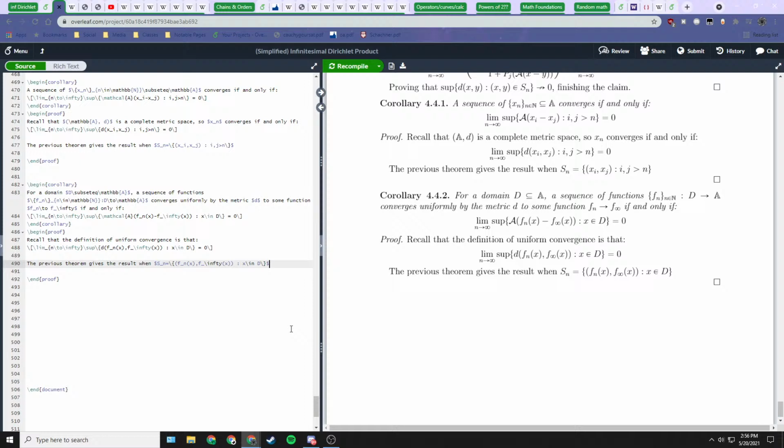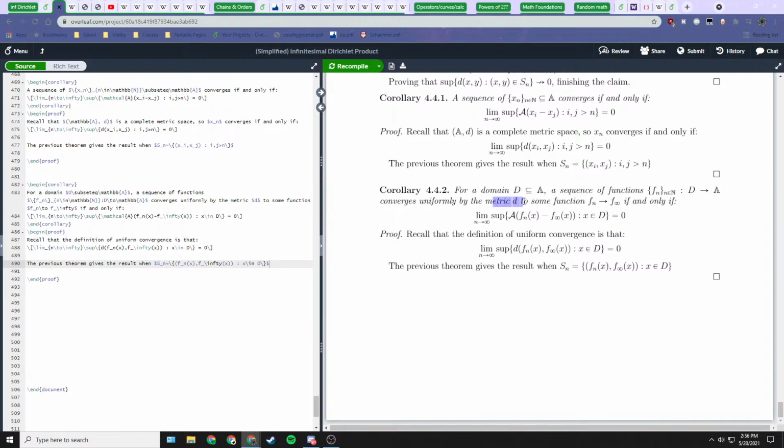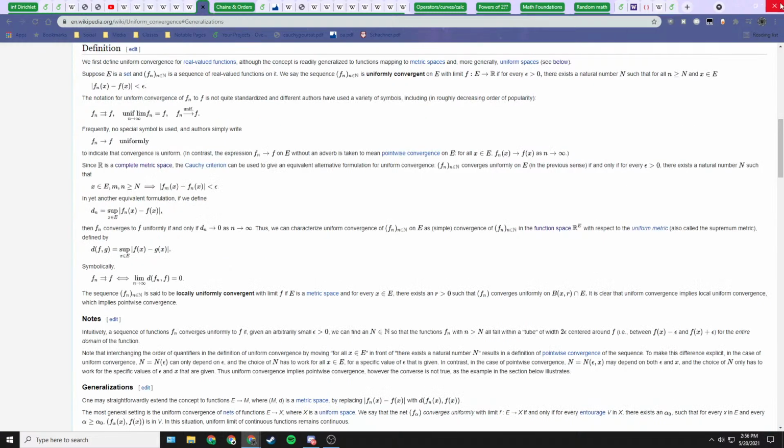And I think that's okay. So this lets us frame uniform convergence with respect to our metric without actually talking about the metric.